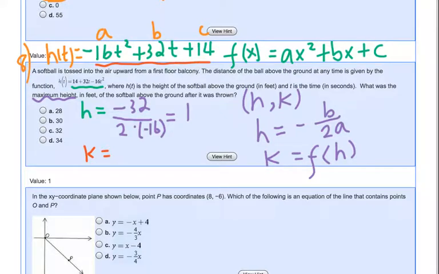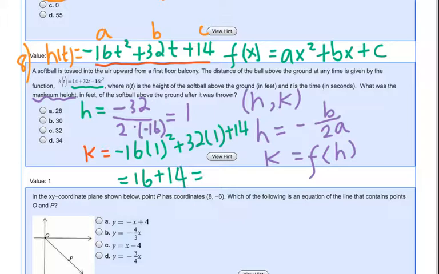So you will get negative 16 times 1 squared plus 32 times 1 plus 14. Then you will figure out this will be negative 16 plus 32 is 16, plus 14. That's 30. So 30 will be your answer.